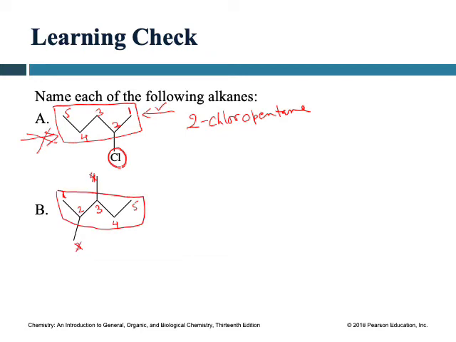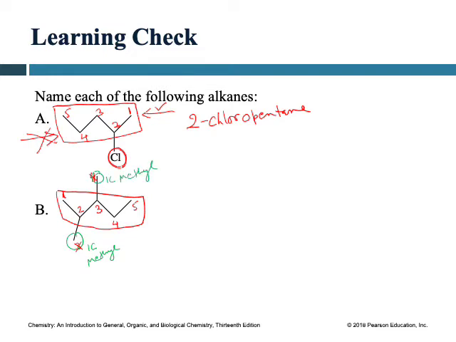You cannot get more than 5 carbons. It doesn't matter which carbon end you start from. The maximum you can get is 5 carbons. And this is your substituent, which is 1 carbon, which we can write as methyl. This is also a substituent, 1 carbon, which is methyl.